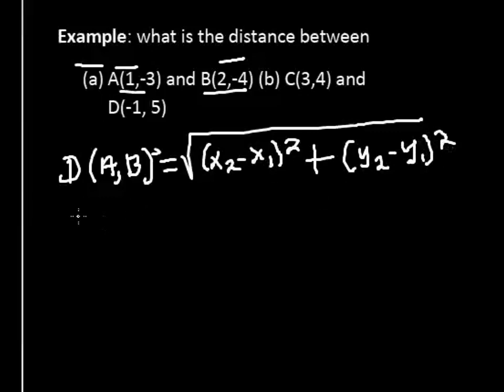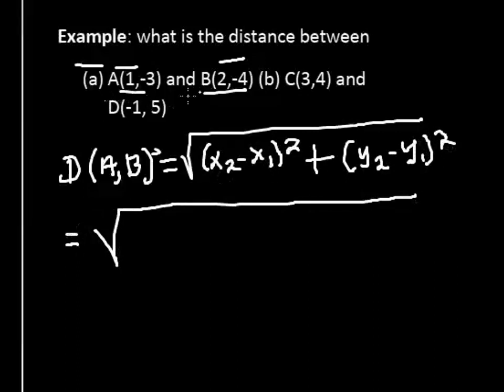Okay, guys, let's go there. So we'll put our values. For my x2, found in B, that's 2, and of course x1 is 1.